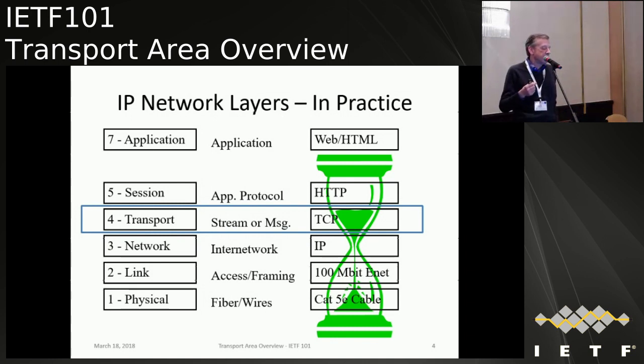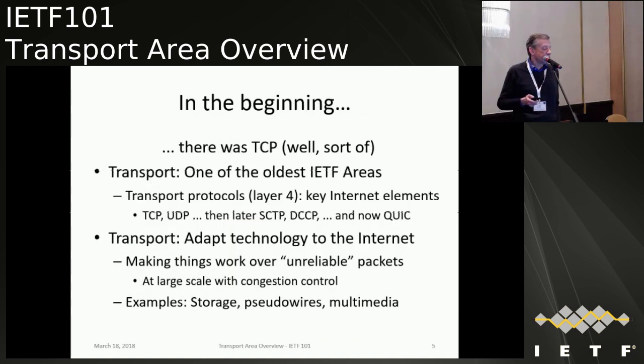Now, lately, it's become the case that a lot of this stability has encompassed both the network and transport layers. So people are tending to work with one of a very small number of transport protocols, TCP and UDP. Speaking of TCP, in the beginning, there was TCP. Well, that's sort of how our story begins. Transport is one of the oldest IETF areas.